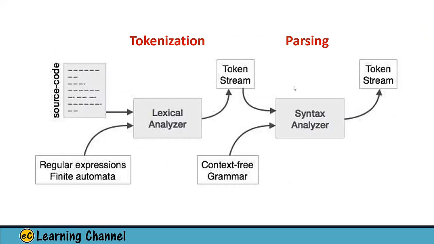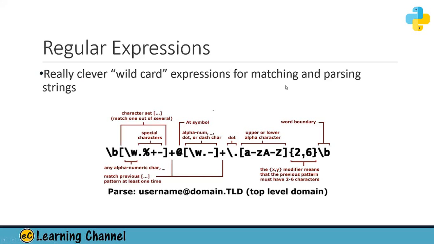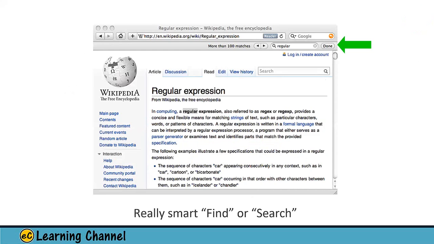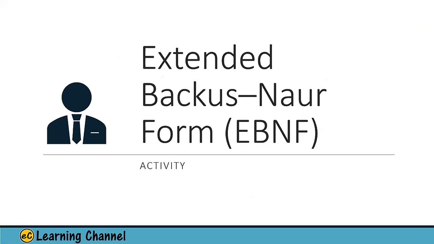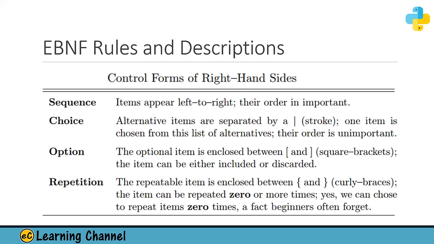Basically you have a file, a regular expression, a regular grammar, and you try to qualify the input, and then you can create a token string. So what is regular expression, regular grammar, or this Backus-Naur form, EBNF?